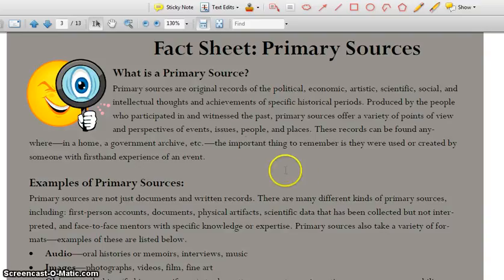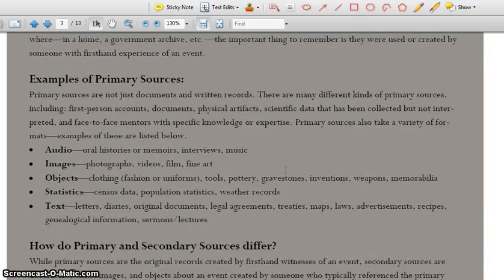So some examples of that are not just documents and written records, okay, but they can be first person accounts, documents, physical artifacts, scientific data. Let's see, can be audio, like oral histories or memoirs, interviews or music, images, photographs, videos, film, art.